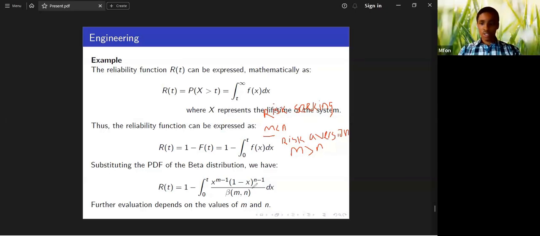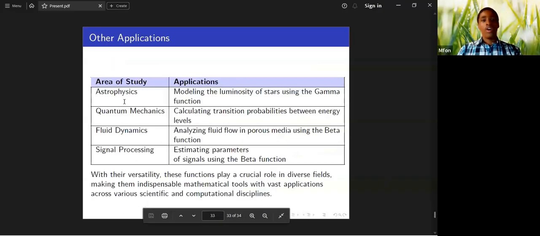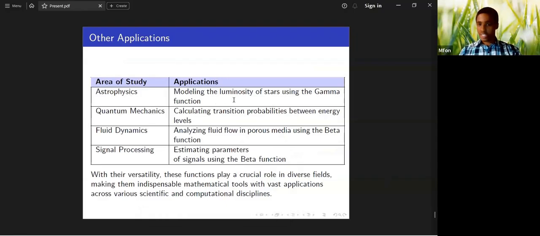So let's go to the other fields of study. We see it in astrophysics, modeling the luminosity of stars, quantum mechanics, fluid dynamics, and signal processing, estimating the parameters of signals. For example, there's a signal called the Airy signal, if I'm correct.